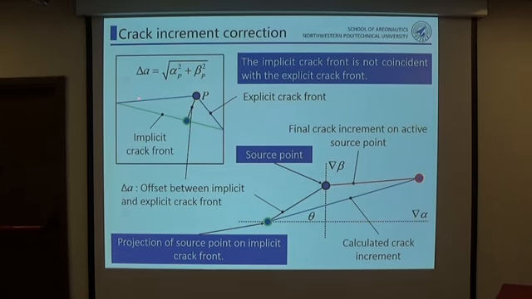For this element, we first locate the projection of the source point on the implicit crack front, and this is the offset. And from another side of view, the black line is the offset, and the blue line is the calculated crack increment. So using this triangle, we finally choose the red line as the actual crack increment on the active source points.